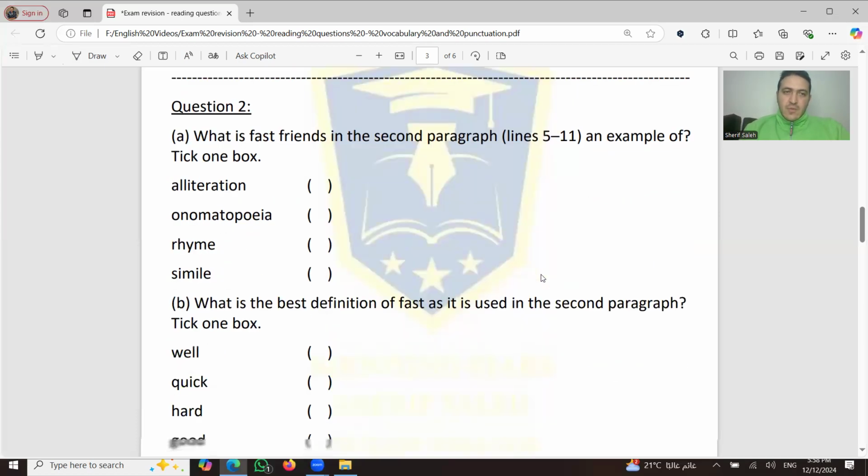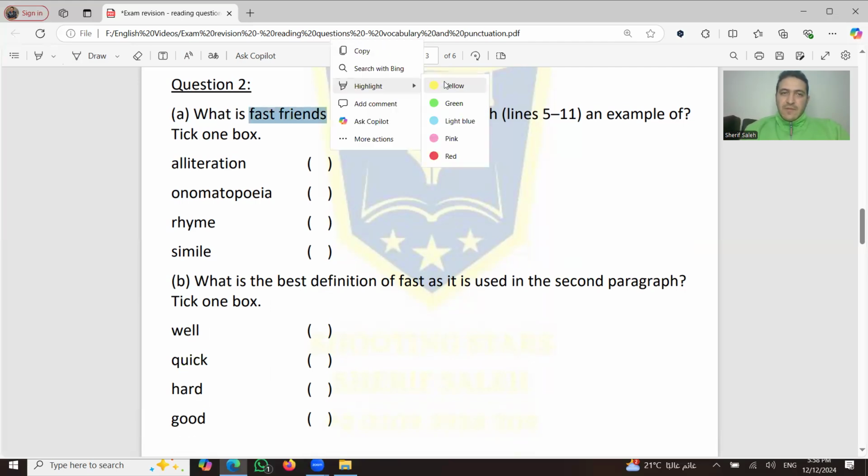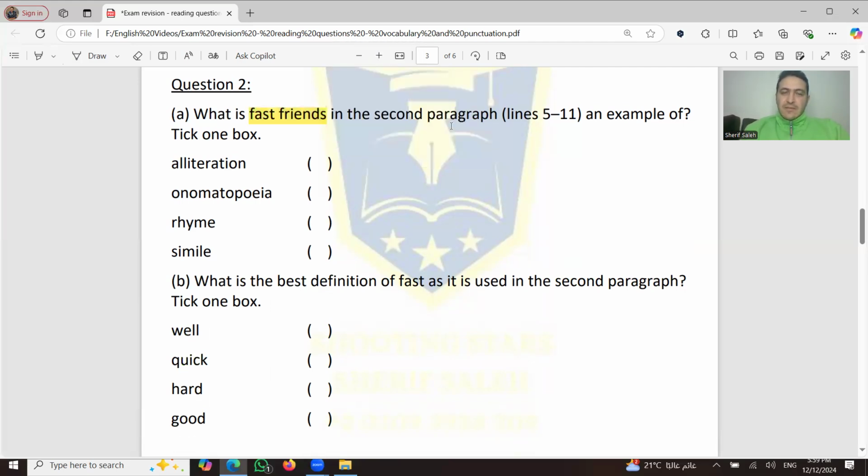Then we come to the second question. Okay, in this question, what is the meaning of fast friends in the second paragraph, lines 5 to 11? What is fast friends an example of?